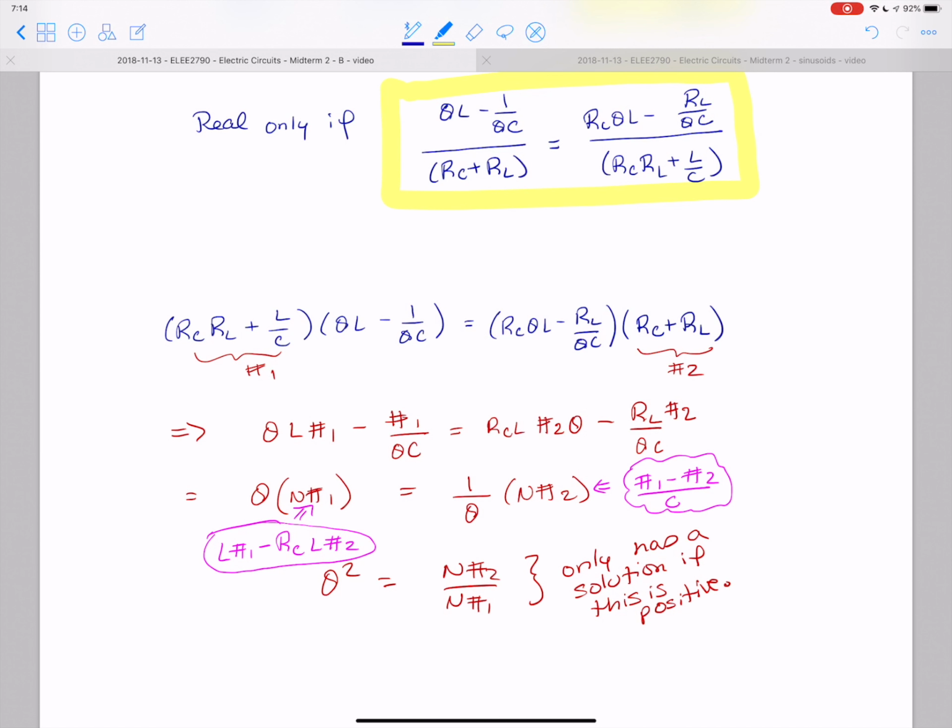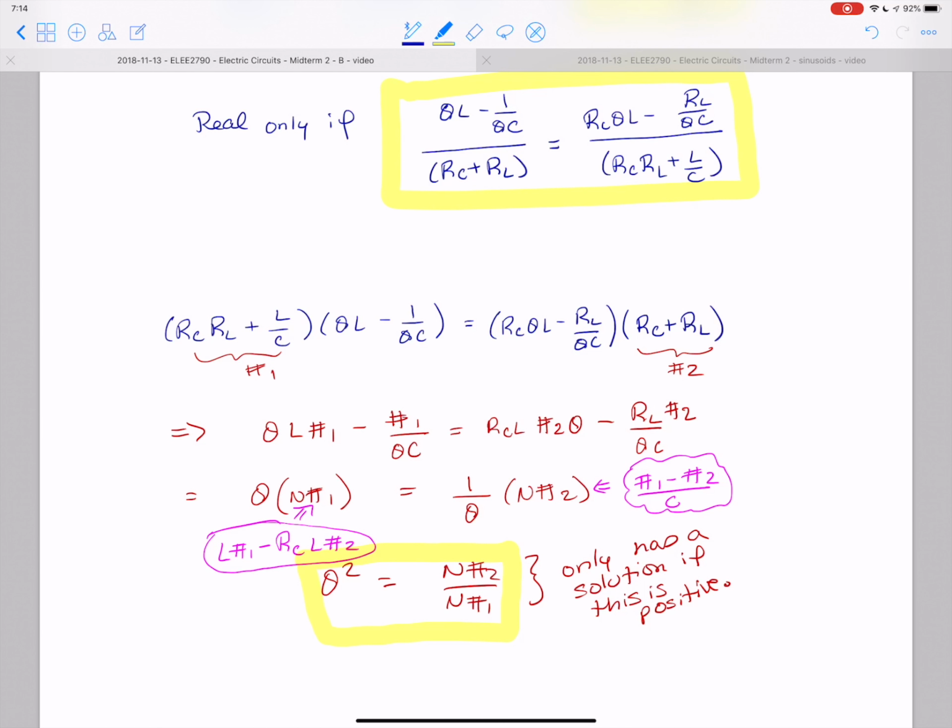When you take that equation and do a little bit of rearranging, you can see that at the end of the day, that will only be possible if you set theta squared equal to some ratio of numbers, which you can follow on this page. The problem is that the numbers on the top and bottom are not necessarily positive, so you cannot generally assume that there will always be a solution.